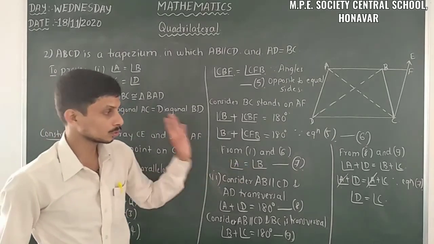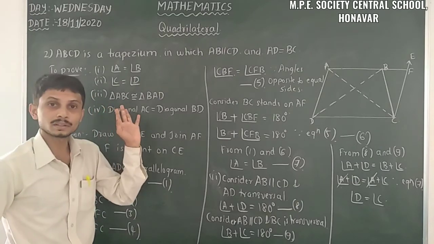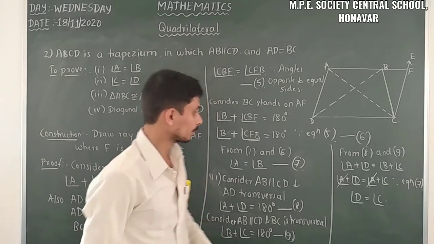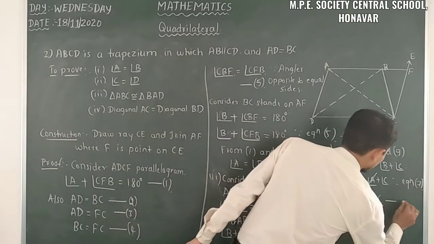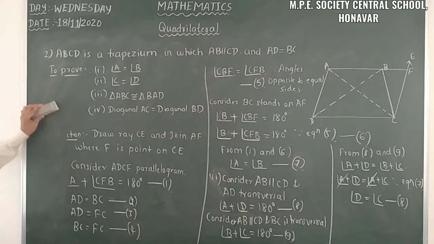So with the help of those two proofs, we have to prove triangle ABC is congruent to triangle BAD. I will take equation number 3.